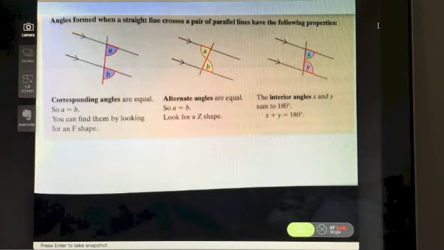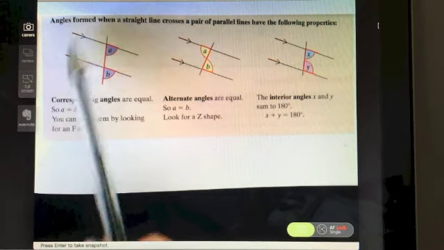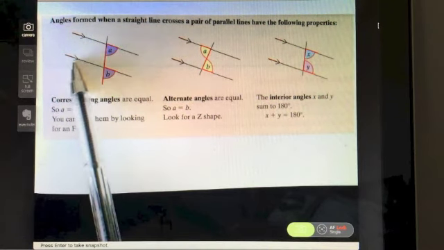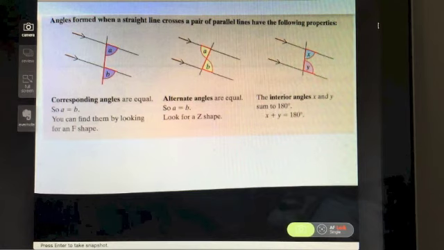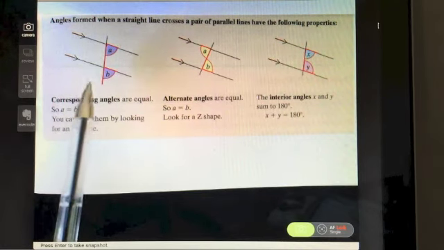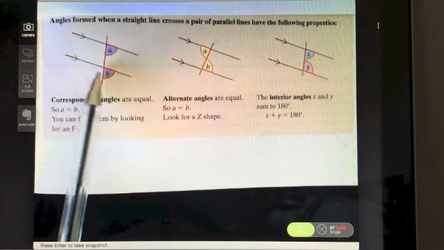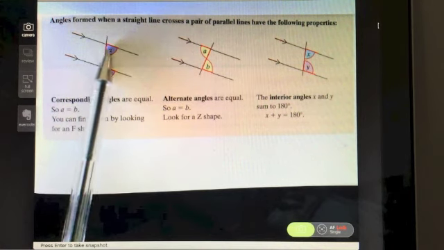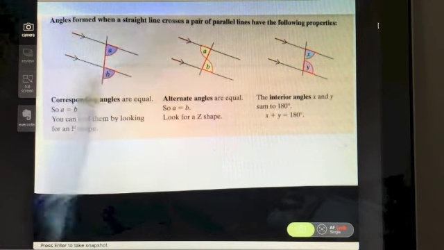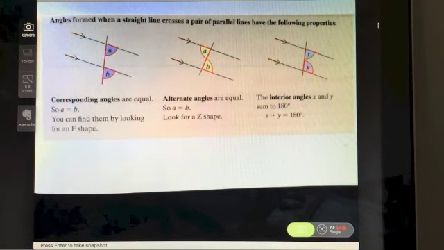Then any time you see parallel lines, so any parallel lines would be denoted by little arrows, you always want to be watching out for the following types of angles. So if you can make an F shape between the two angles, then the corners, like here, are equal. They're called corresponding angles.